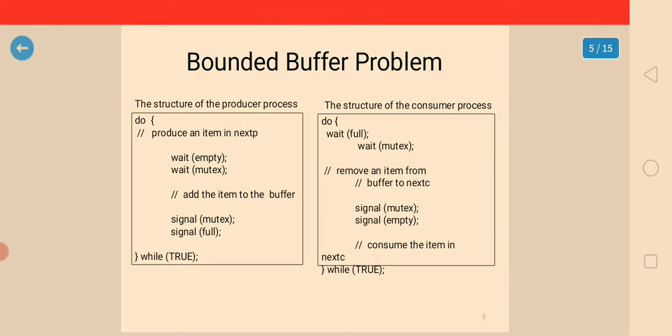Similarly, the structure of the consumer process: do, wait full, wait mutex, remove an item from the buffer into next C, signal mutex, signal empty, then consume the item in next C, while true.